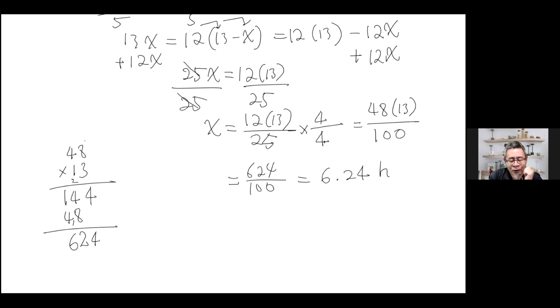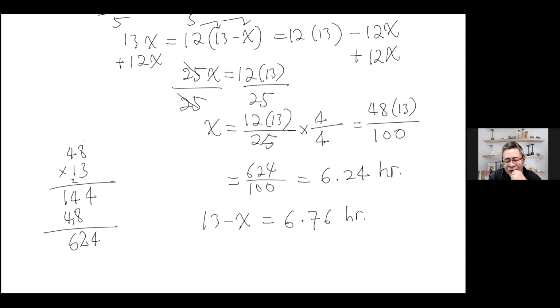Of course, mom's driving time will be 13 minus that. It's going to take mom a little bit longer because mom drove a little bit slower. So 13 minus x gives us 6.76 hours.